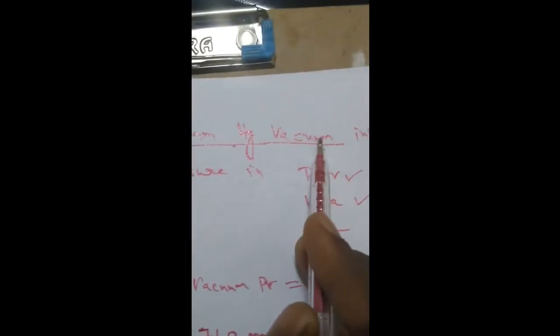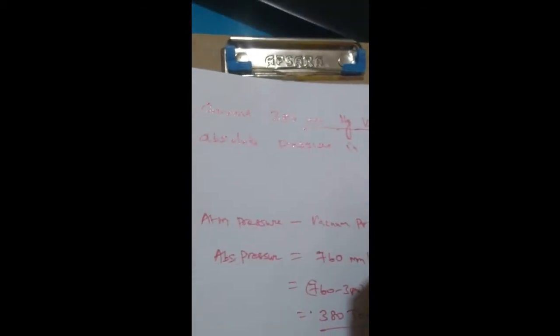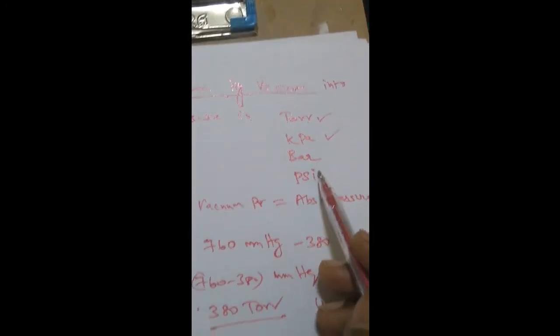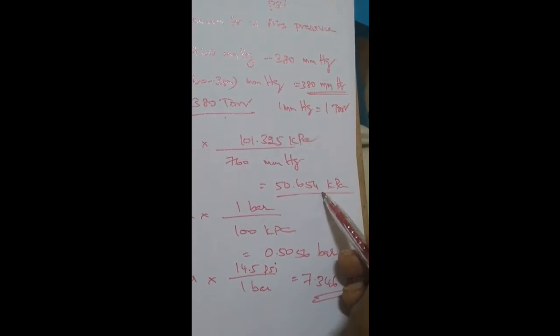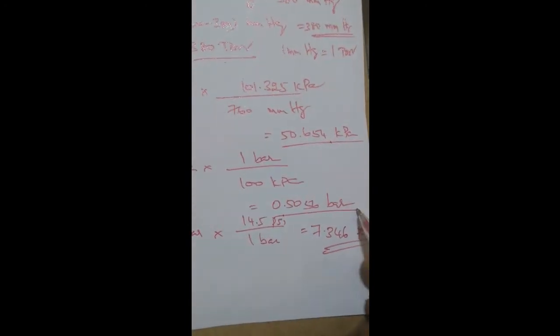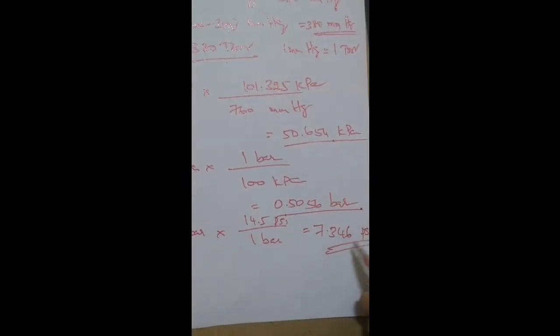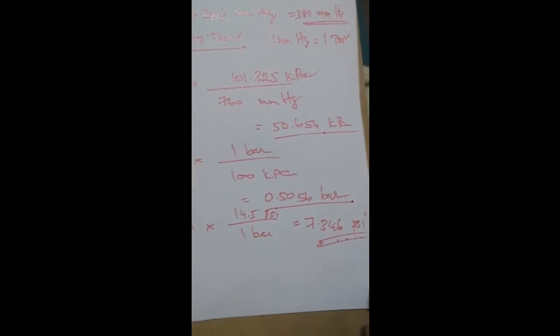So what is the answer? We can express 380 mm mercury vacuum pressure as absolute pressure values of torr, kilopascal, bar and psi. The answers are 380 torr, 50.654 kilopascal, 0.5065 bar and 7.346 psi.